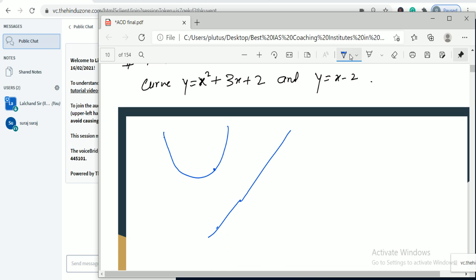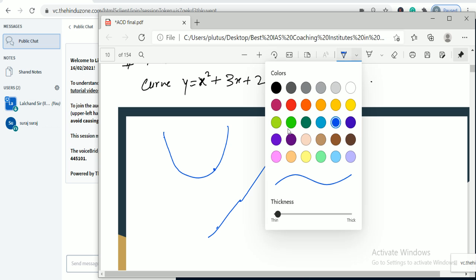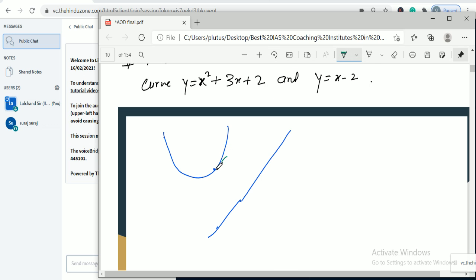So if we make a tangent here, at the point of shortest distance, this tangent will be parallel to the given line. These two will be parallel. Okay, so this is our shortest distance.